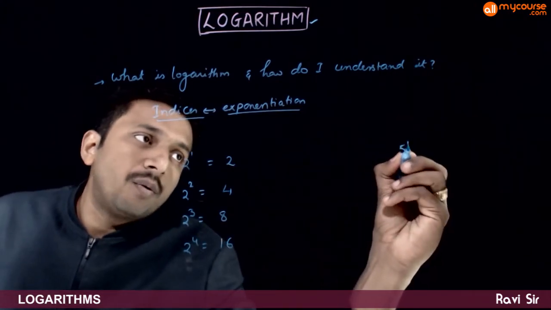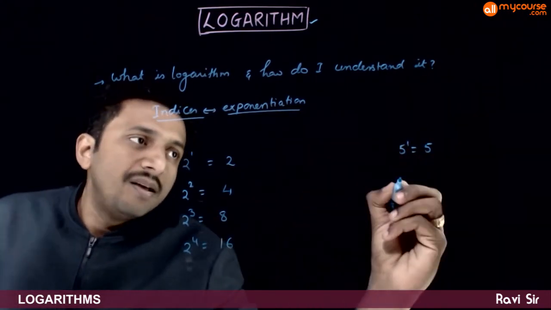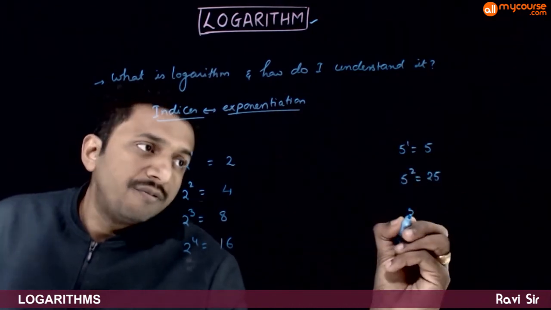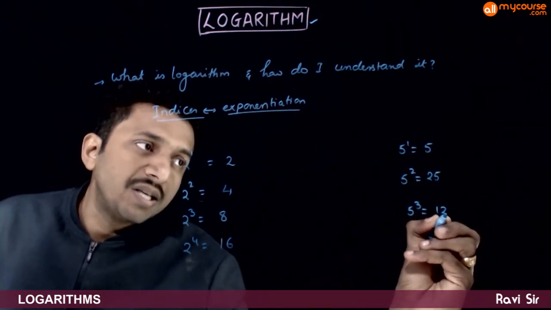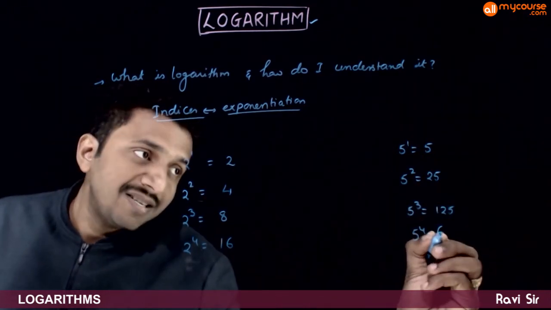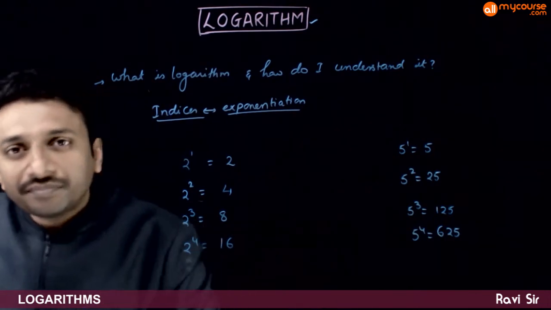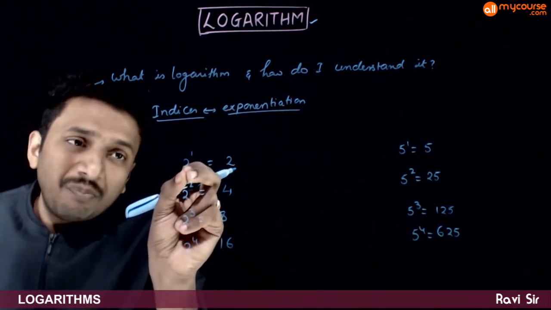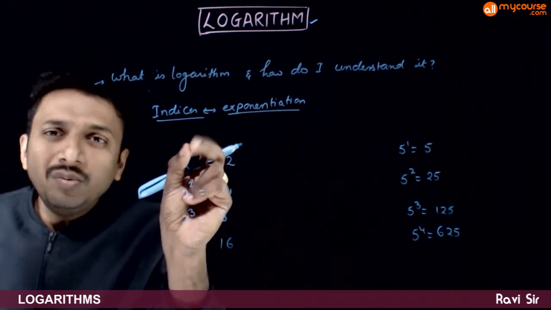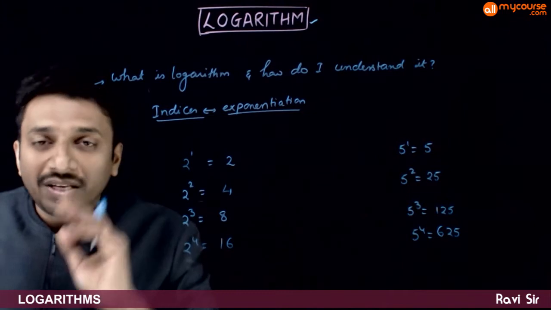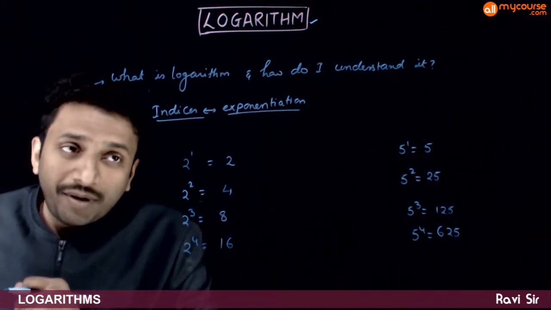So 5 power 1 is equal to 5. 5 square, you know it as 25. 5 cube, you know it as 125. 5 power 4, you know it as 625. So it's very easy to raise a positive number to an integer power. I can also write 2 power 0, 2 power minus 1 also if I want. That's very easy to find.